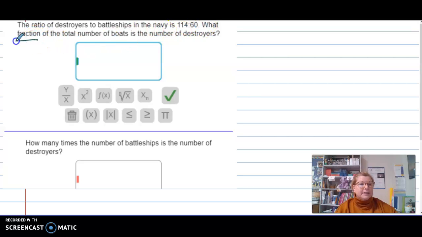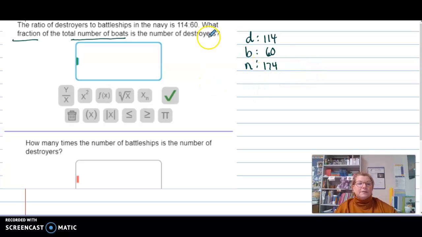What fraction of the total number of boats is the number of destroyers? So you can have destroyers, battleships, and then total. I'm just going to put N for number of boats on my scratch paper. Destroyers is 114, battleships are 60, and the total for that rate adds up to 174 total boats in the given ratio in the first sentence.